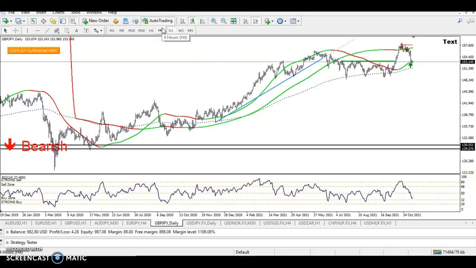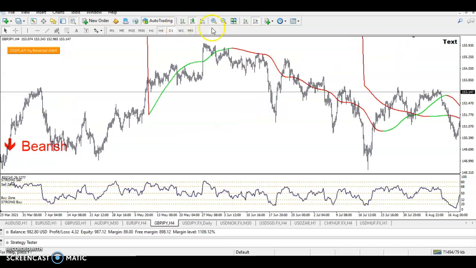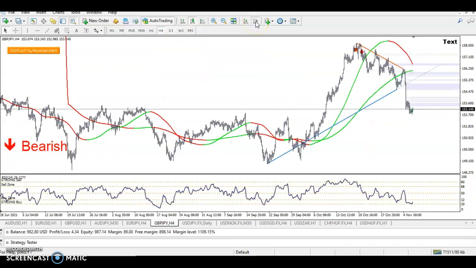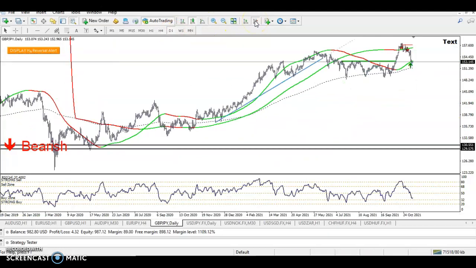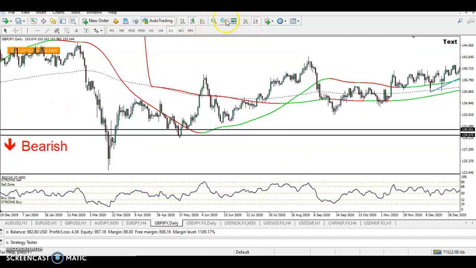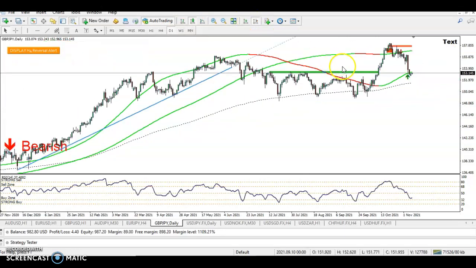So coming down to the 4 hour, there was an arrow here. What is this arrow? Okay, we've got structure retesting previous daily zones, telling us it's ready to buy again.